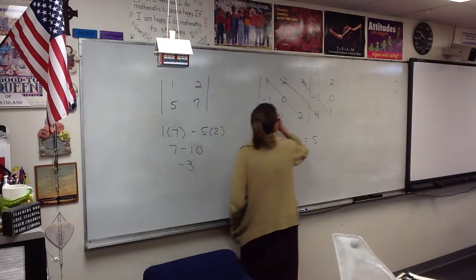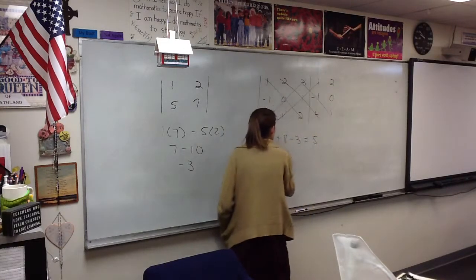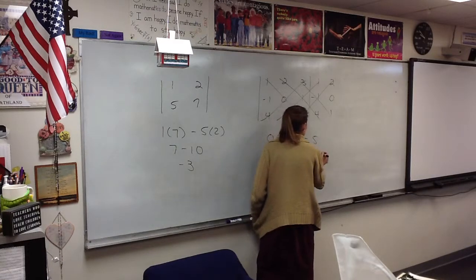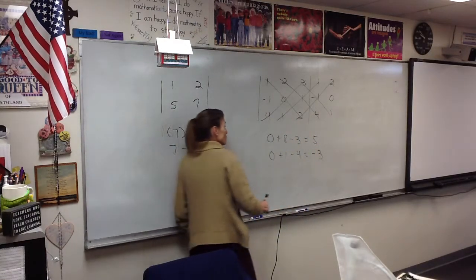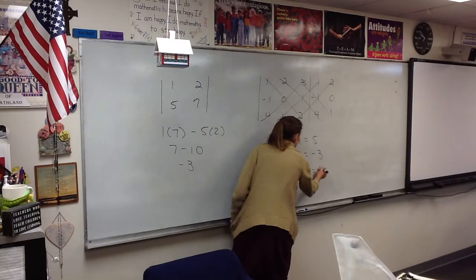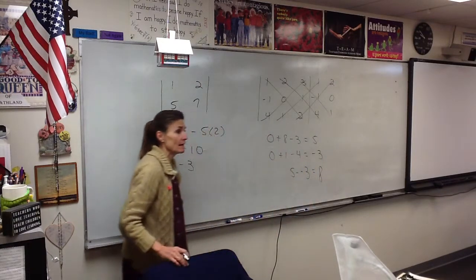Then I turn around and I multiply these, I multiply these, and I multiply these, and I add them up. Then what do I do with these 2 numbers? Subtract them. So the value of that determinant would be 8.